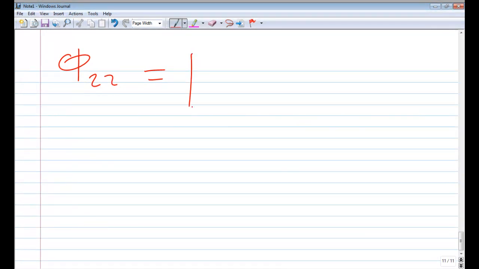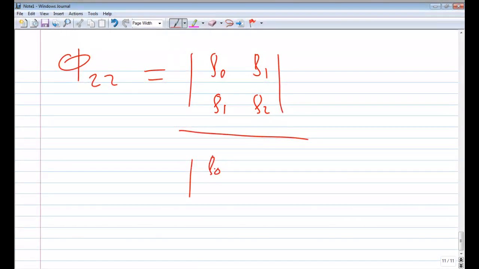It's equal to the determinant of row 0, row 1, row 1, row 2, divided by the determinant of row 0, row 1, row 1, row 0.